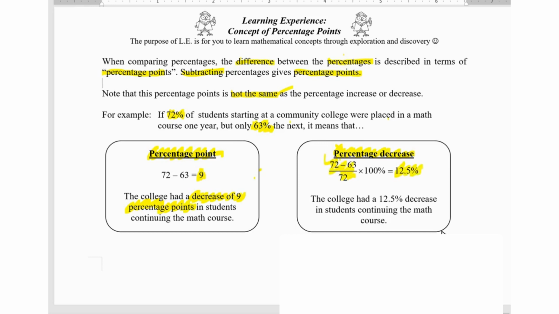And this shows that the college had a decrease of 12.5% in students continuing the math course. So from here you can see there are two different values given if we are looking at two different things. You only get 9 percentage points, and if you are talking about percentage decrease, it is actually a decrease of 12.5%. So it is important to use the correct terminology when we are comparing percentages.